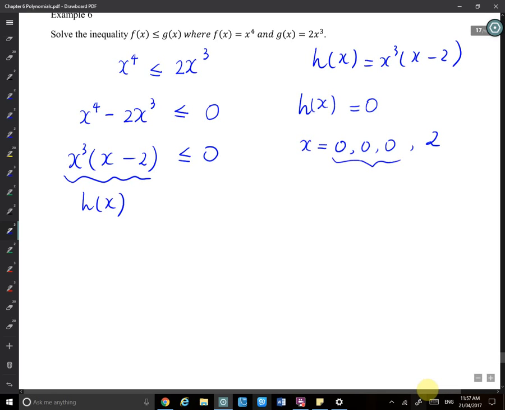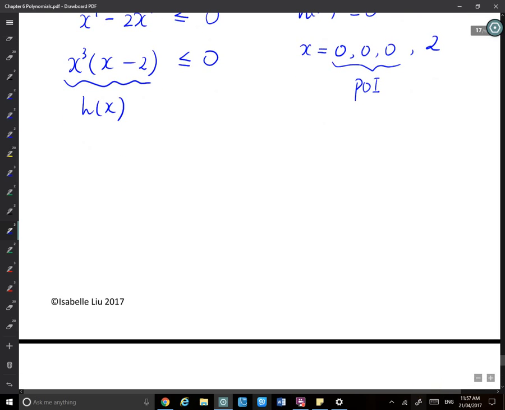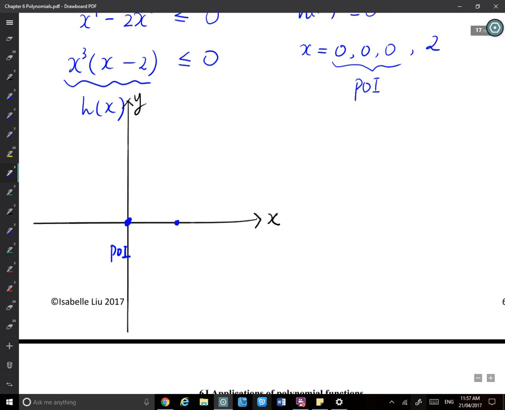So that 0 point will become a point of inflection. Okay, let's have a look at what the graph looks like. The 0, 0, 0 will become a point of inflection, and I have a zero here at 2, which is a normal intercept.